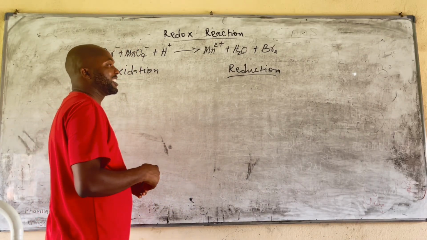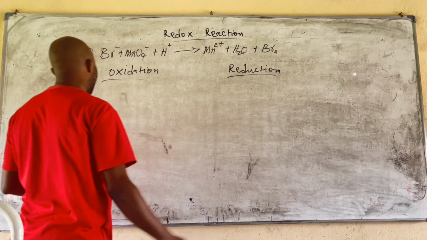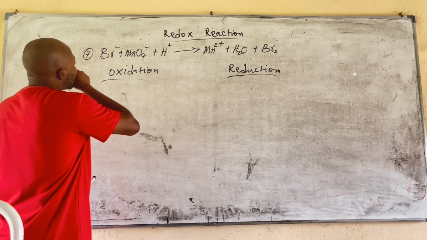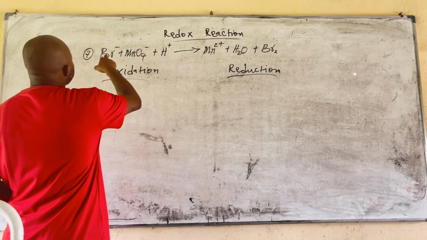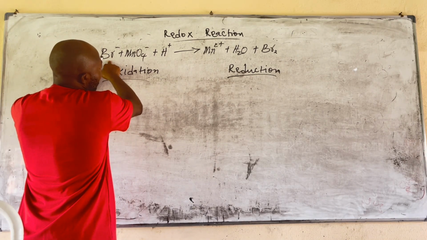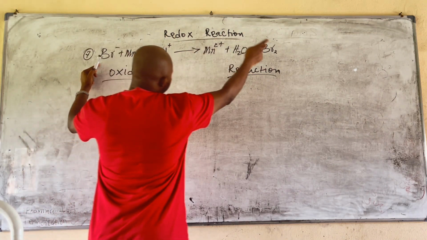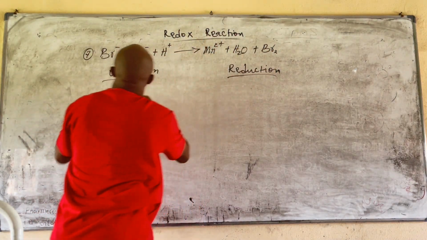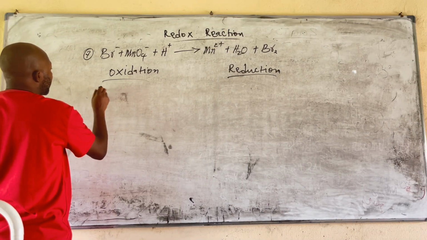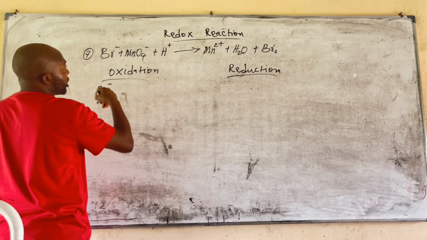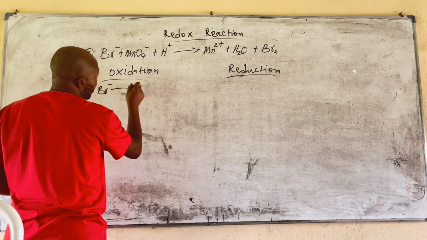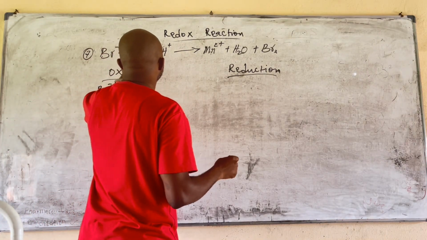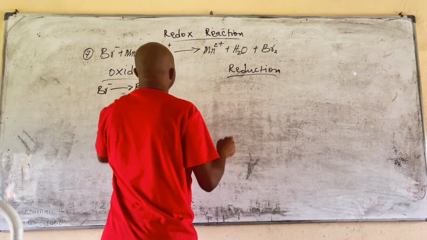Oxidation is the increase in the oxidation number. So, this is minus, it moves to 0. So it was less and it increases. So I have bromine minus to bromine molecule.